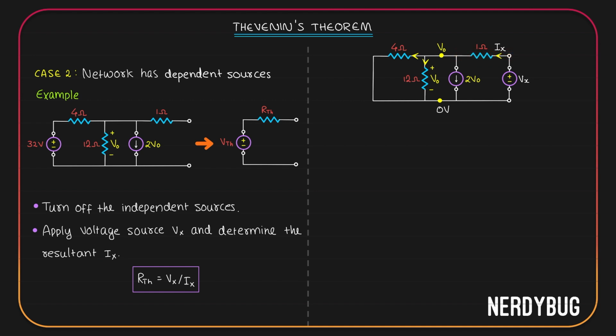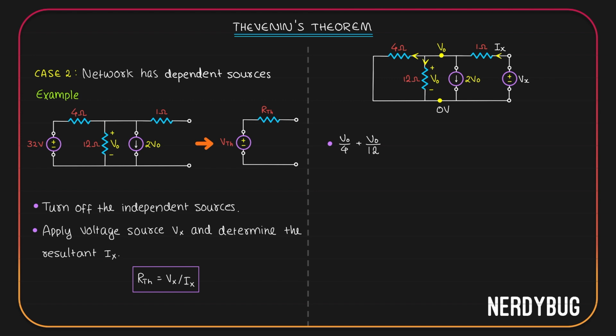Now, for the 4 ohm resistor, it has V0 potential here, 0 potential here. Current through it is going to be V0 minus 0 divided by 4 or V0 by 4. For the 12 ohm resistor, it has V0 here, 0 here. Basically, it has a V0 potential across it. So the current flowing through it will be V0 divided by 12.